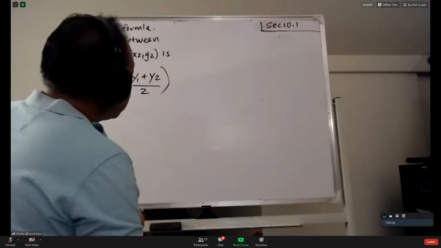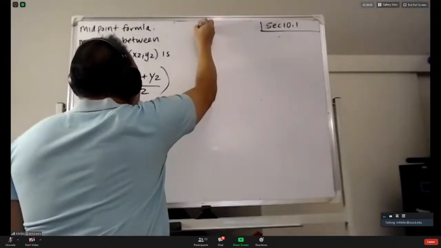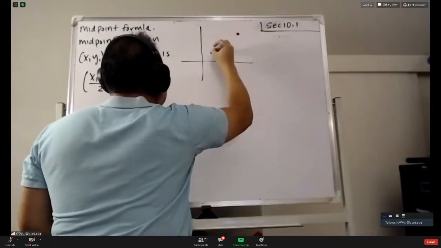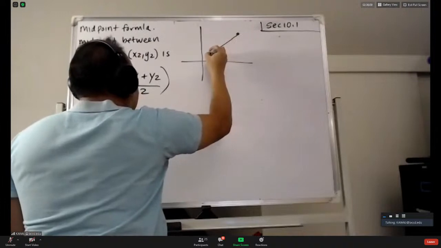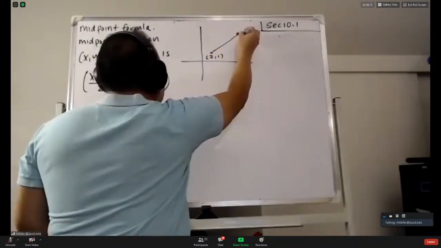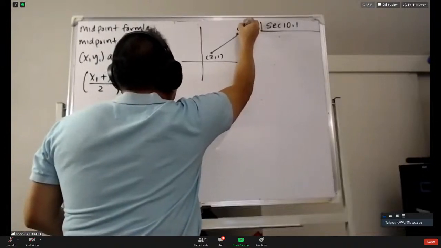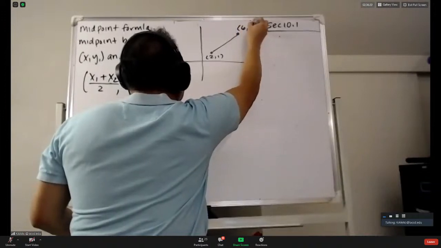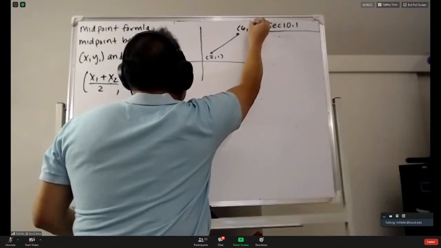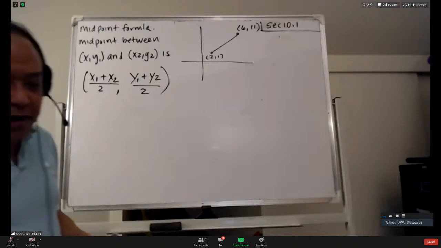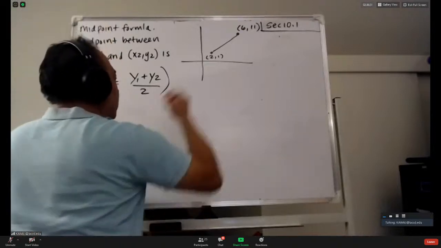Let's talk about this. Let's say I have two points, (2, 1) and (6, 11). Now I want to find the midpoint.